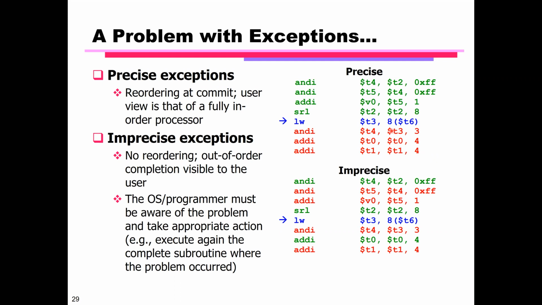Maybe it's better to call it a call. It's like a subroutine call, but it's a subroutine call that I didn't write in my program. I wrote load word, something bad happened. Somehow this special call has been done, and I executed that part of the operating system that took care of reading the page table and so on.